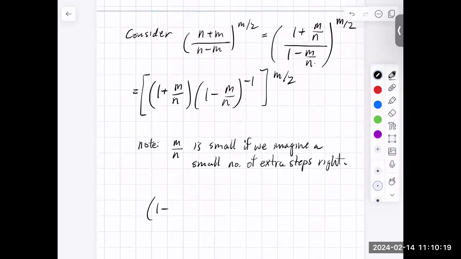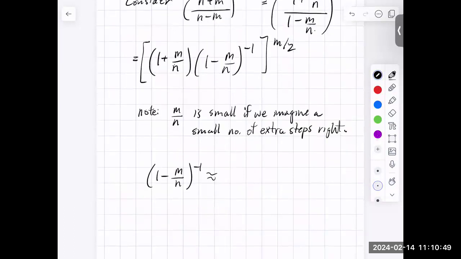So 1 minus m over n to the minus 1 is approximately, so what's the approximation for 1 minus a small number raised to some power? Does anyone remember? Yeah, you're right. I could just ignore this completely and just get a 1. That's absolutely true. What if I wanted to do a slightly better approximation, but closer to reality?